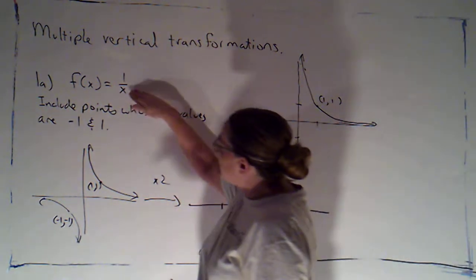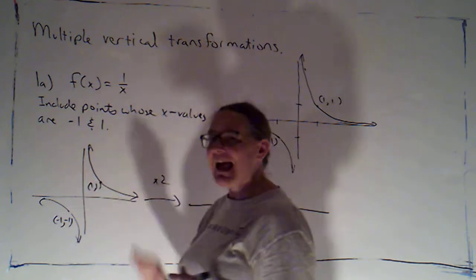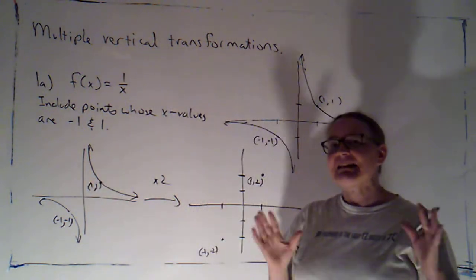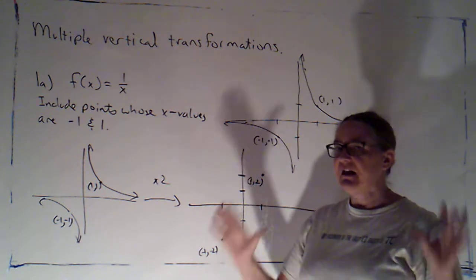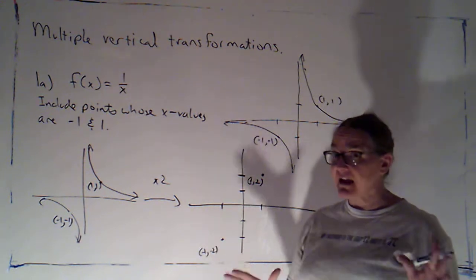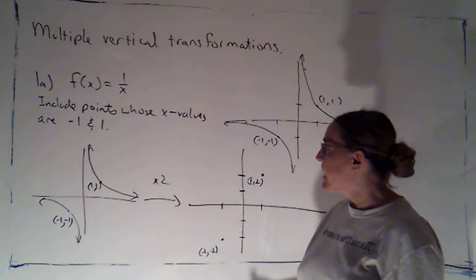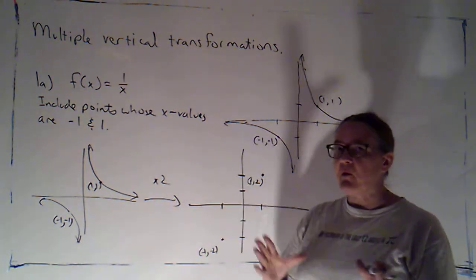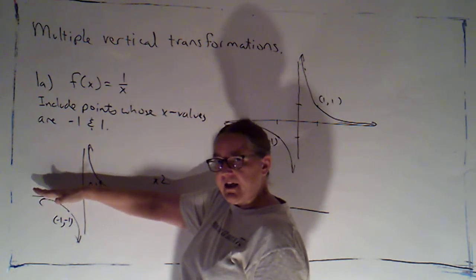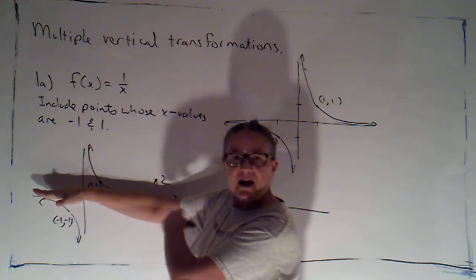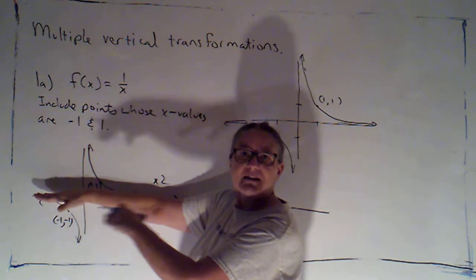Now, when I'm working with the reciprocal graph, it has asymptotes, and some of my transformations might change the asymptotes. So I want to take a look and see, are the asymptotes still in the same place? What I did is I doubled my y values. Now, the x-axis was my horizontal asymptote, the equation for that is y = 0. If I double that, it's still 0.